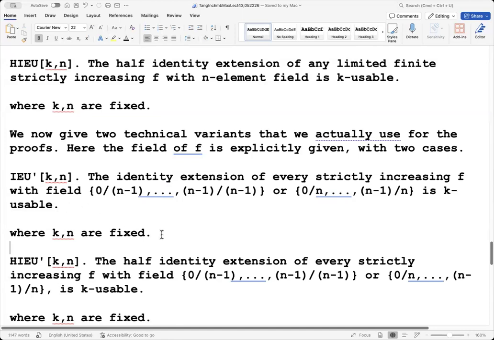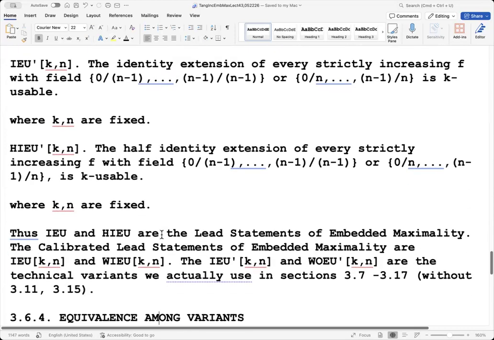And the same thing over here, the half identity extension of every strictly increasing F with this field or this field is K usable, where K and N are fixed. Thus, IEU and HIEU are the lead statements of embedded maximality. The calibrated lead statements of embedded maximality are IEU and HIEU.